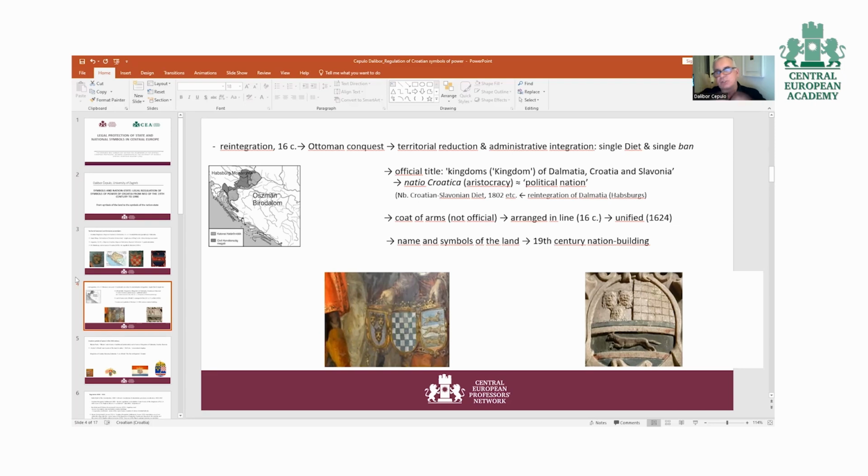Because of that, this administrative integration resulted in the official title Kingdoms of Dalmatia, Croatia, and Slavonia, much more rarely Kingdom in singular, and Natio Croatica as its aristocratic political nation.